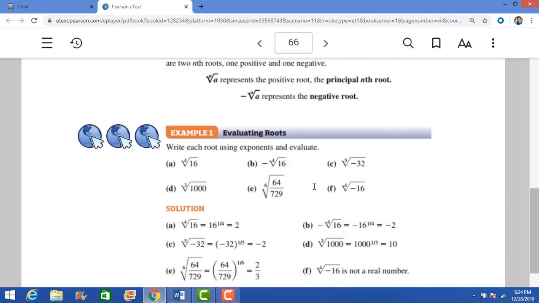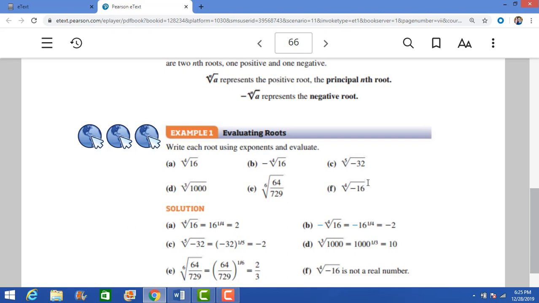And then again, in this case here, we can write 64 as what? 2 to the 6th power, and 729 is going to be 3 to the 6th power. And so we can write this as 2/3 raised to the 6th power, and then of course the 6th power cancels with the 6th root, and so we get 2/3.